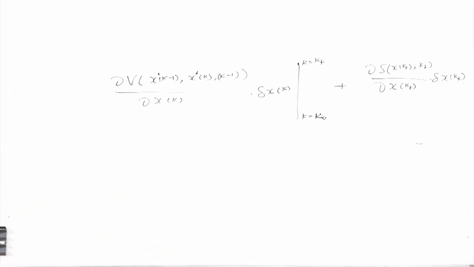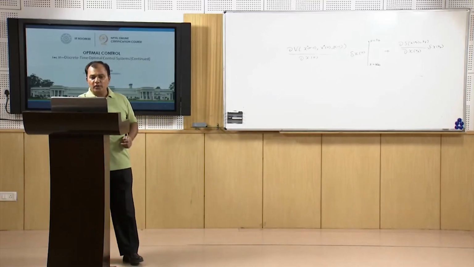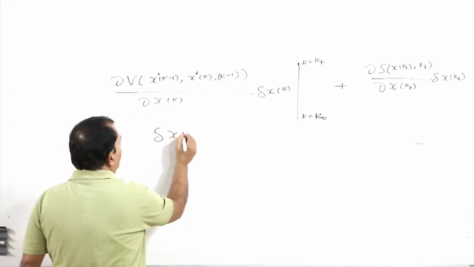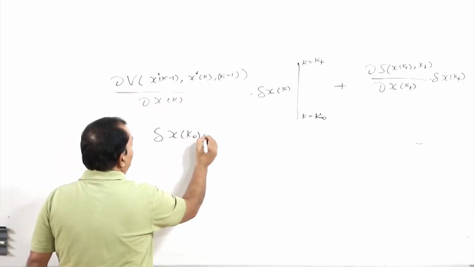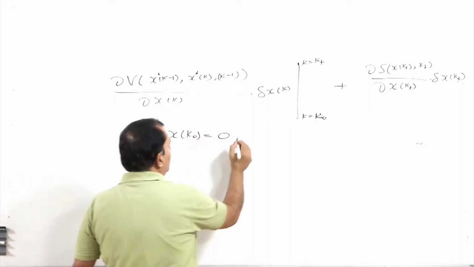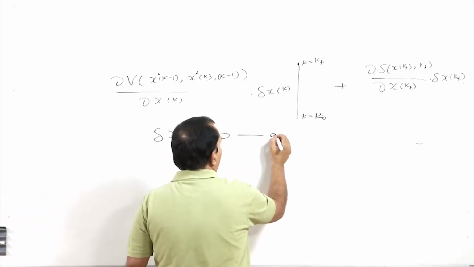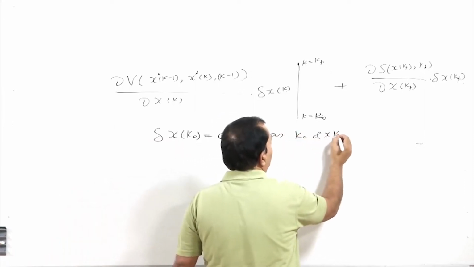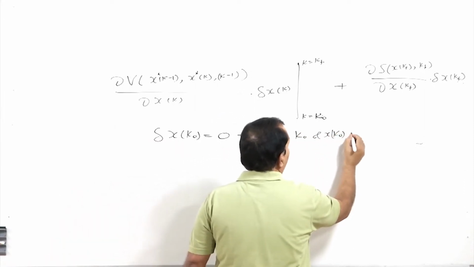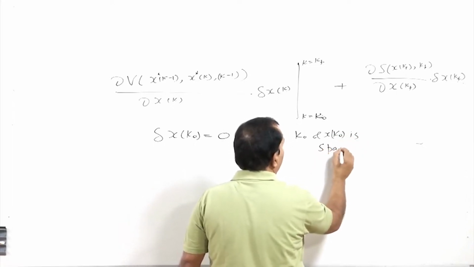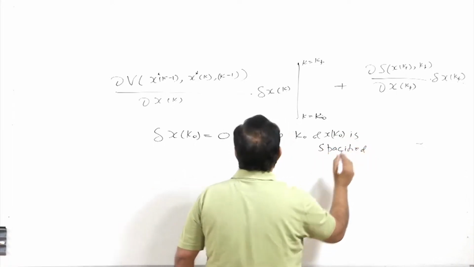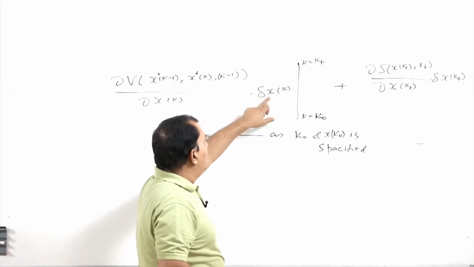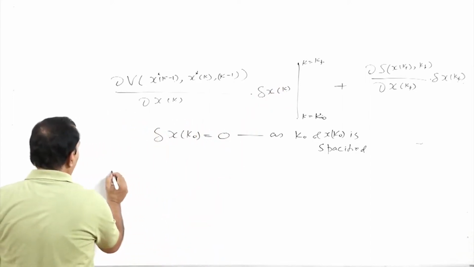So, in this term at k equal to k0, my delta x k0 is 0, as x of k0 is specified. So, I am left only with the term at kf.